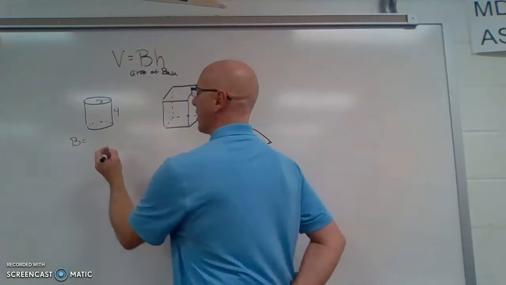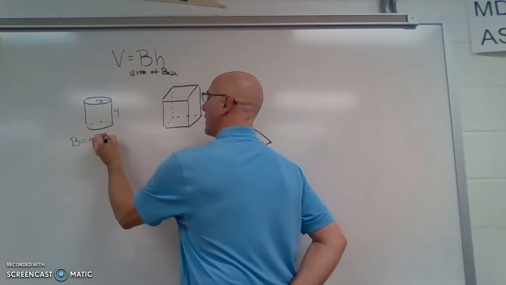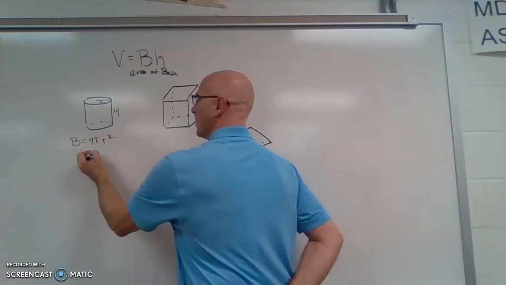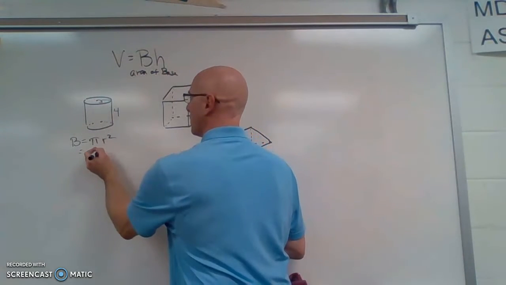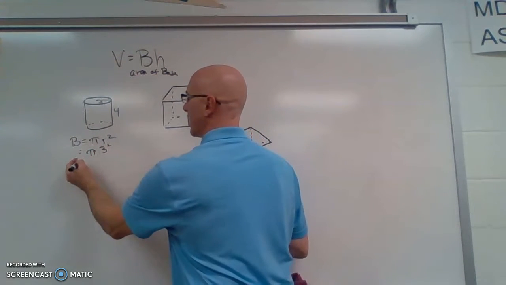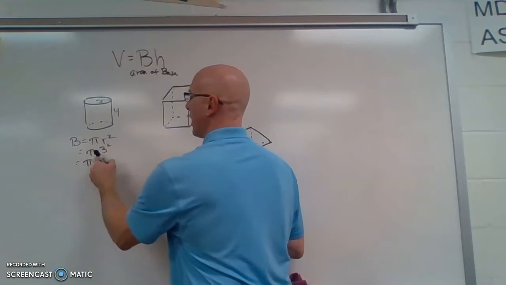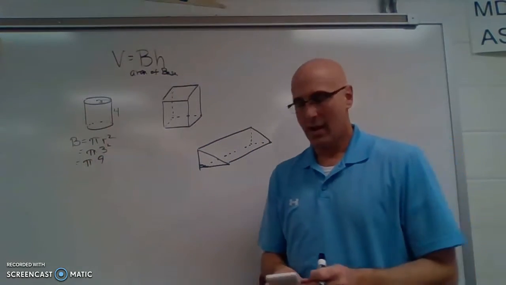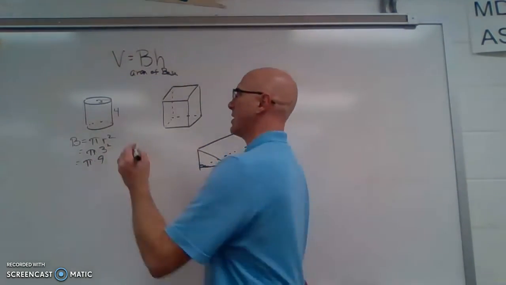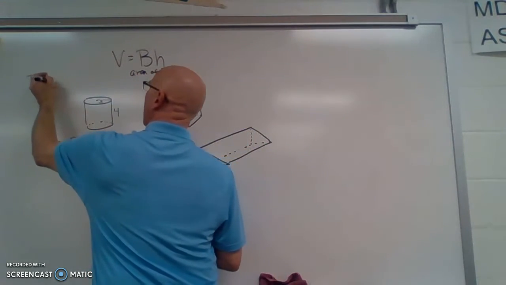And we know that the area of a circle is pi r squared. So r, in this case, is 3. Pi times 3 squared. So now we have pi times 9. 3 squared is 9.